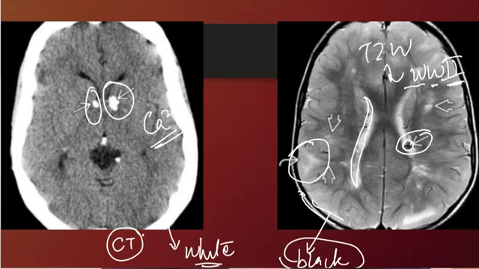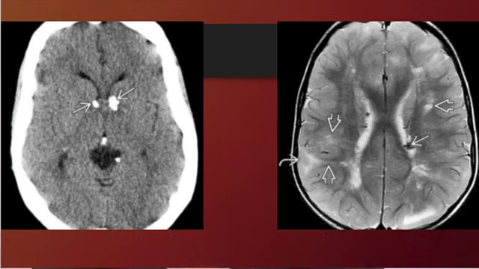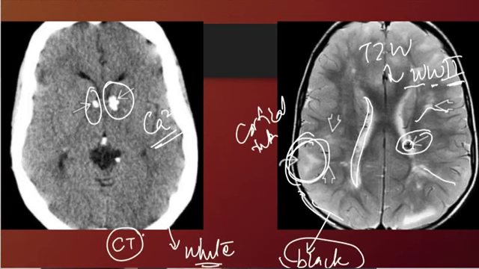You can appreciate this T2 hyperintensity on the cortical surface, which is nothing but the cortical tuber. And you can see a linear hyperintensity extending from the cortex up to the ventricles, which are radial migration lines. So these are the imaging features. Particularly here you need to remember what calcified subependymal nodules look like.